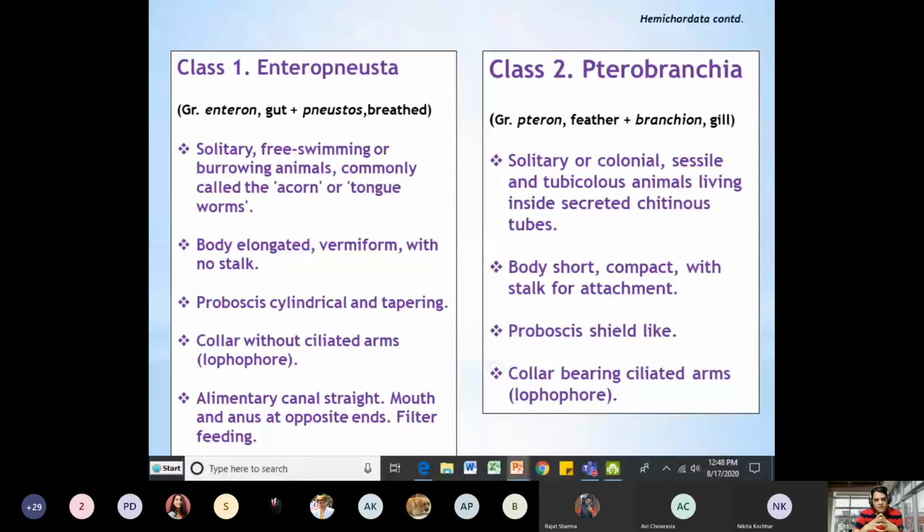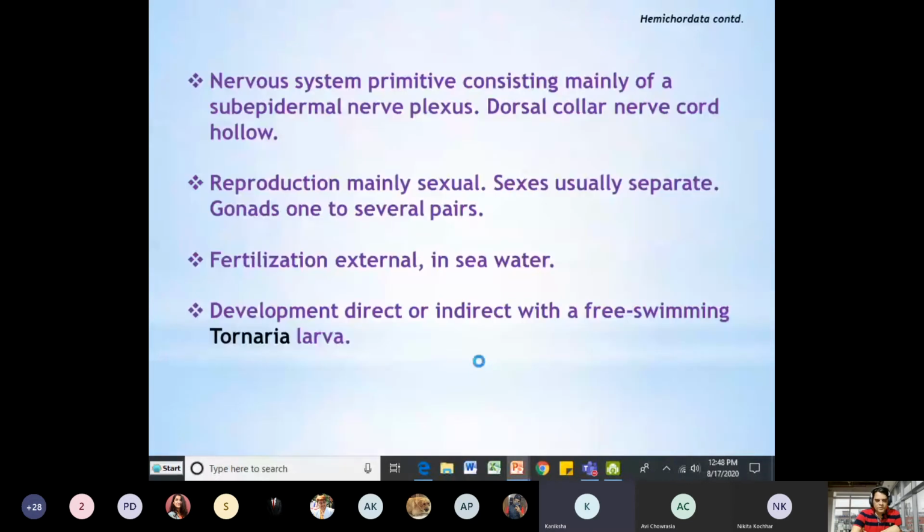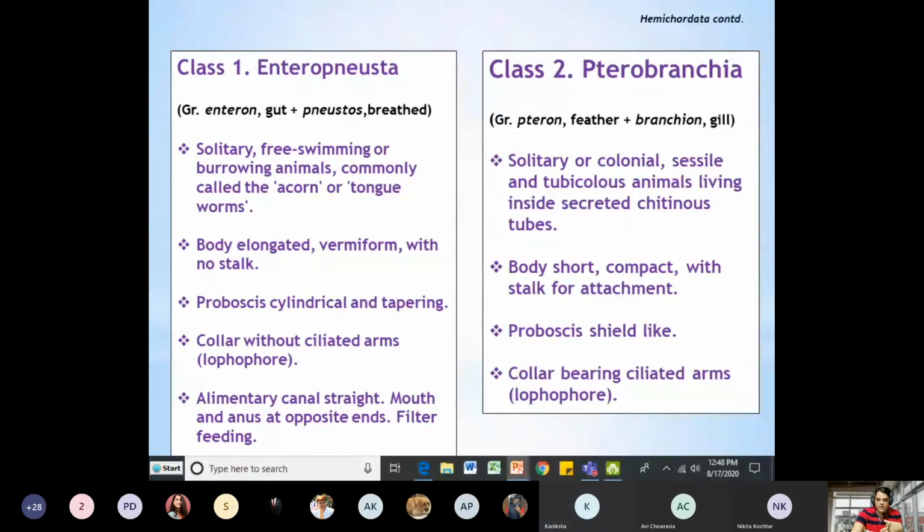They are solitary, free swimming or burrowing animals, commonly called acorn or tongue worm. Student: Sir, can you please repeat the meaning of the word Enteropneusta? Enteropneusta: entero means gut, and pneustos means breathe. So that means their gut has many respiratory organs like gills.